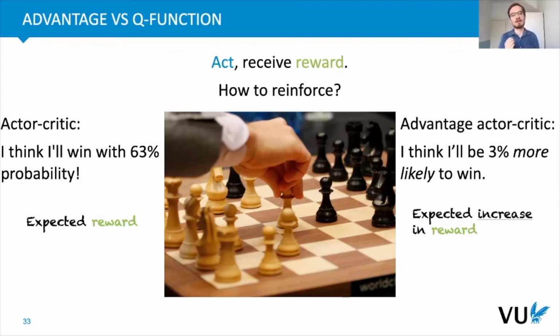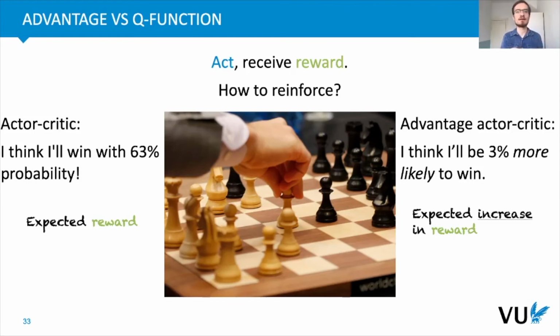So it's basically saying, if I take this action, how much more likely do I think I will be to win? It's all an estimation of values, but in this case, it's a difference between what you expect you will get when you take an action and what you expect to get in general.